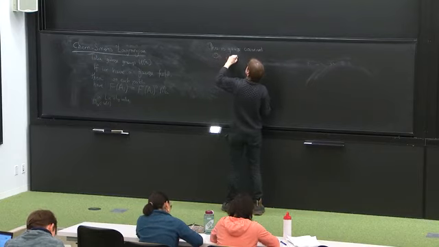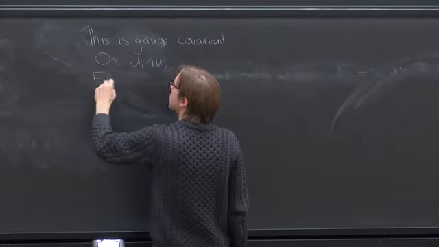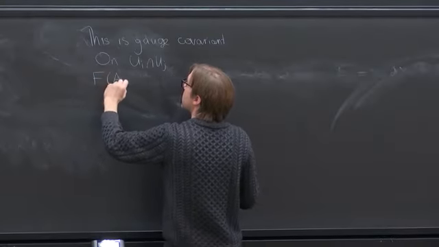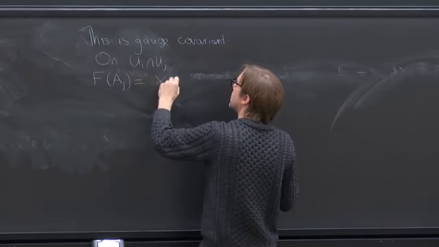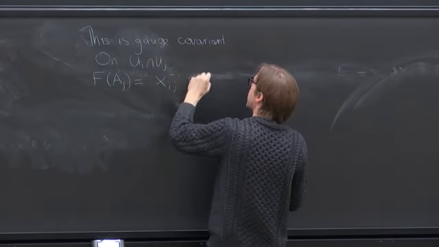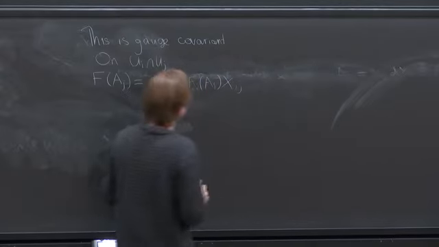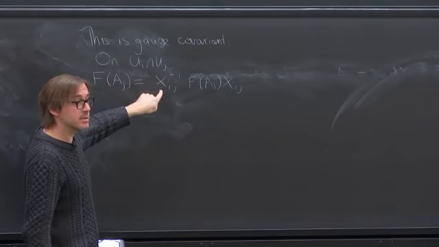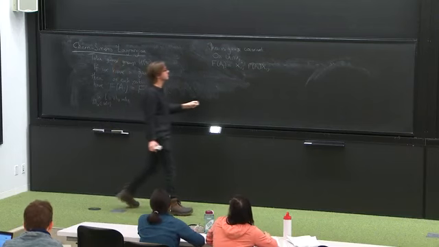On the intersection, F_j is equal to x_ij inverse F_i x_ij, which this expression is very simple. It literally means I'm conjugating this matrix.